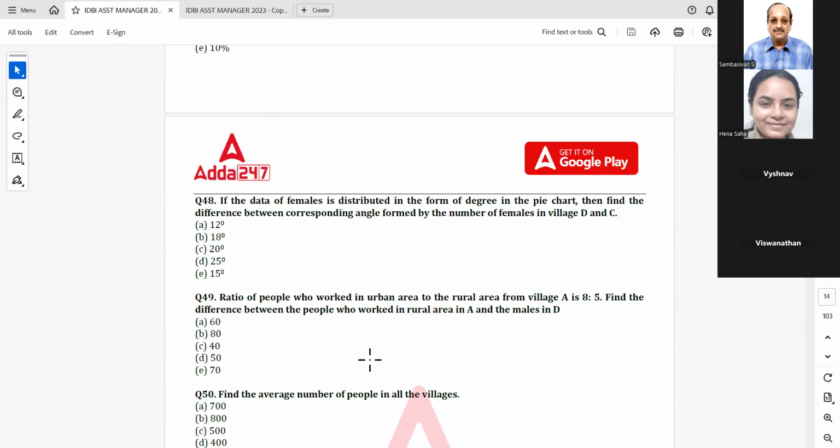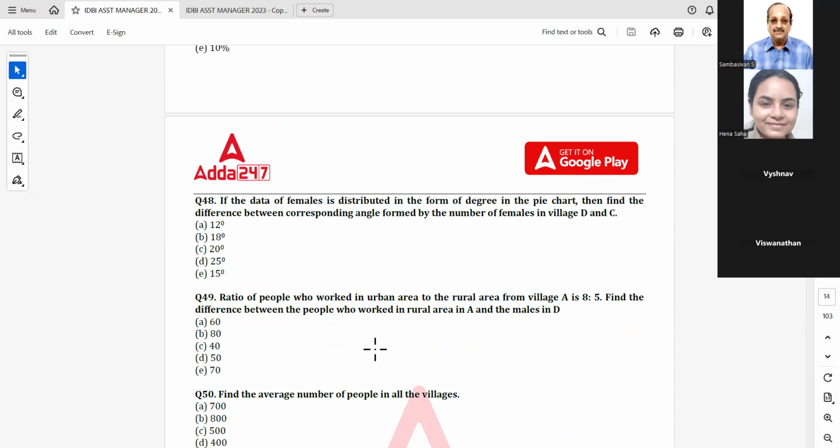Saha ji, please read for us. Question number 49. Ratio of people who walked in urban area to the rural area from village A is 8:5.